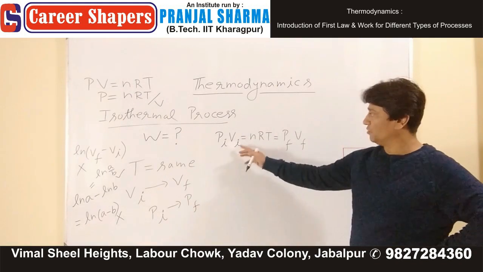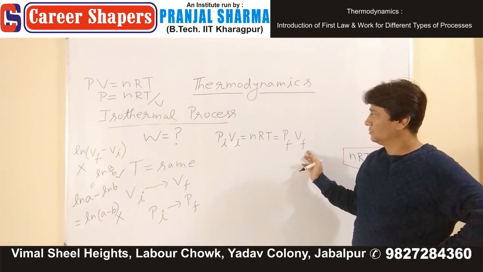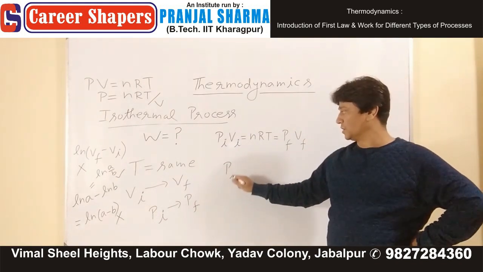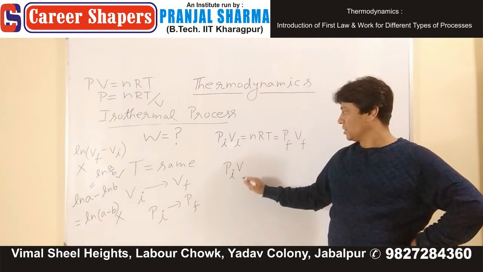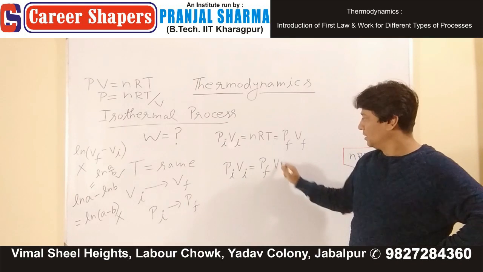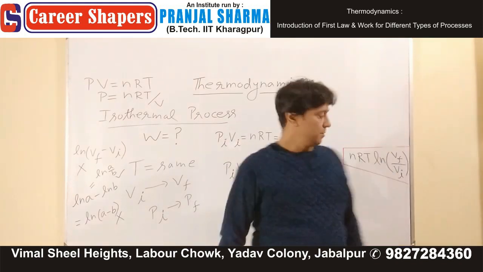So P initial, V initial is P final, V final. What you are saying? You're saying this P initial, V initial is P final, V final. क्या चाहिए अपने को?